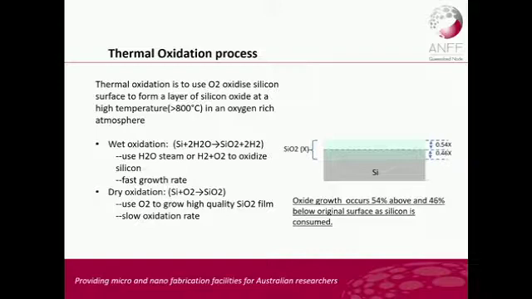So let's say you want to grow 1 micron oxide. It will consume 0.46 micron silicon. So you will get a total of 1 micron oxide, but below the original surface it will take away this silicon.